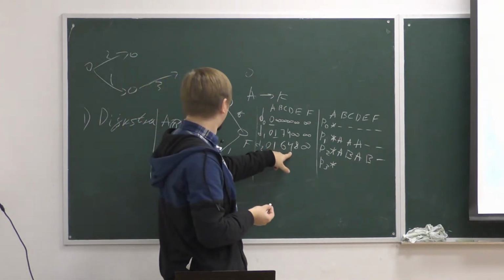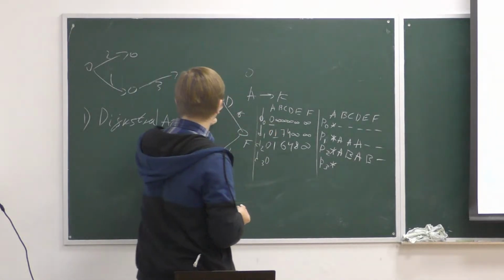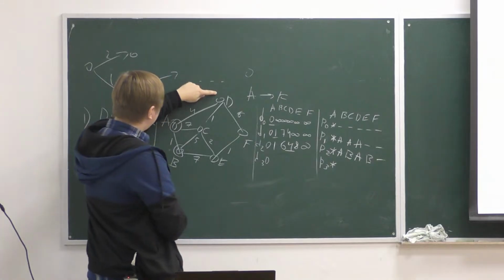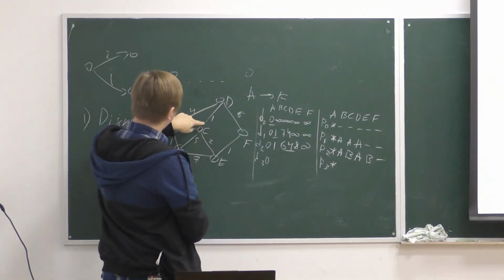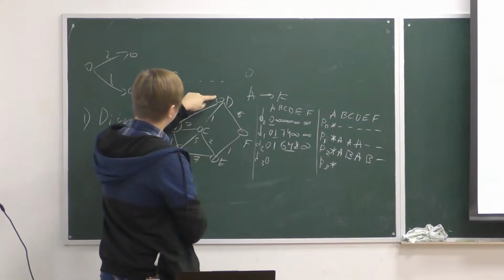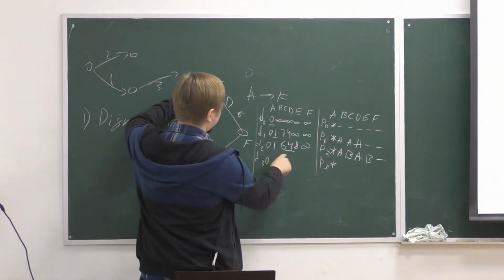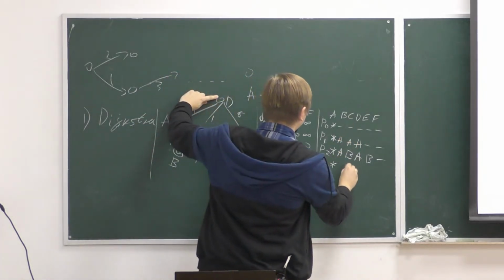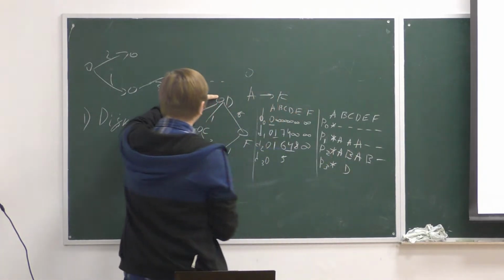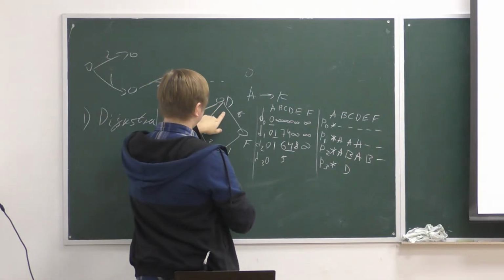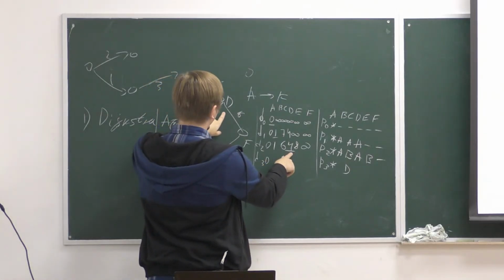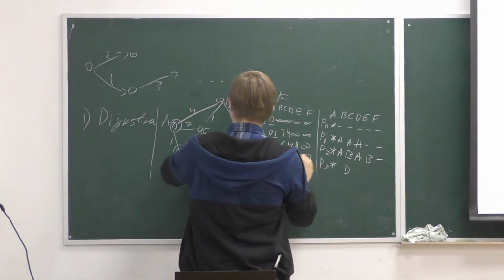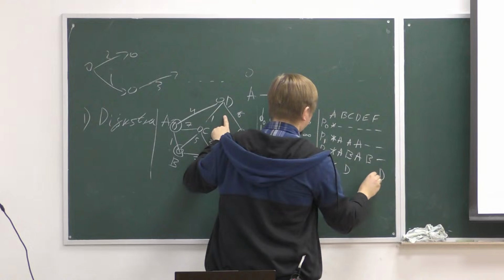It will be 4, it will be D. Here, the edge to C will be the sum, 4 plus 1 will be 5. Yes, and it will be less than 6. So here we put 5, and here we put D. And here will be, what? 4 plus 6 will be 10. So we put here 10 and also put here D.